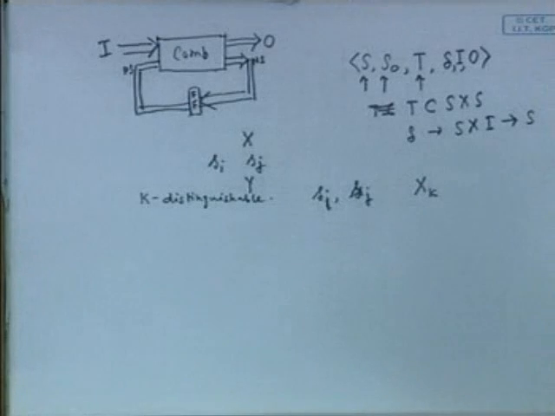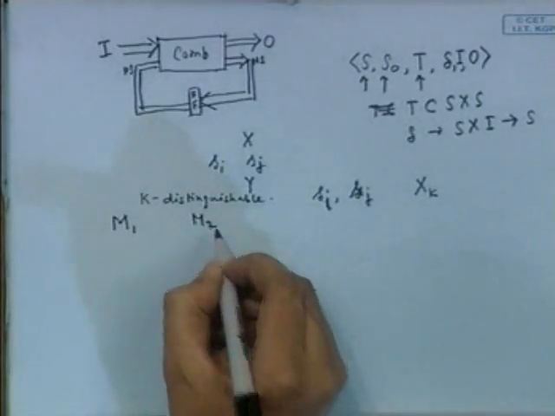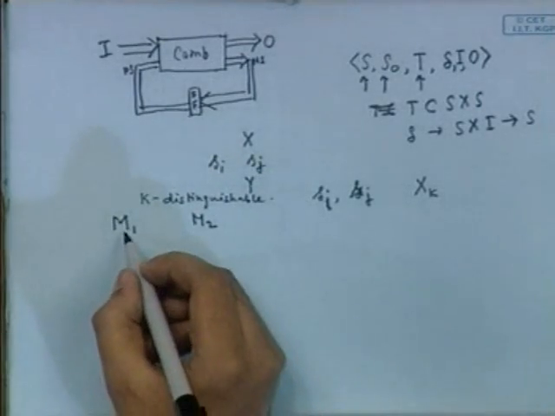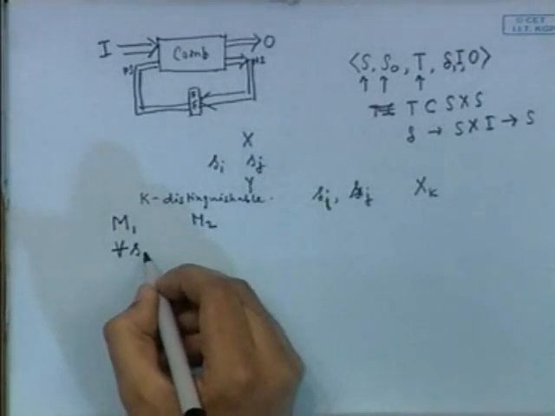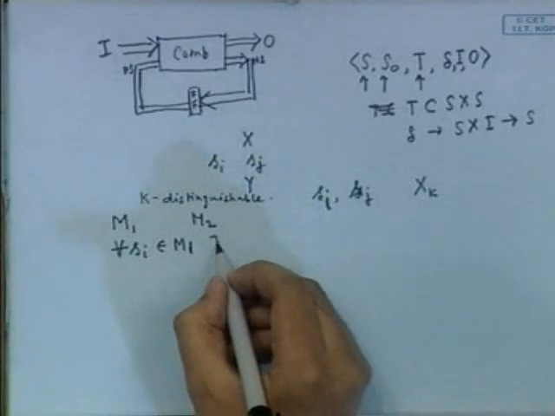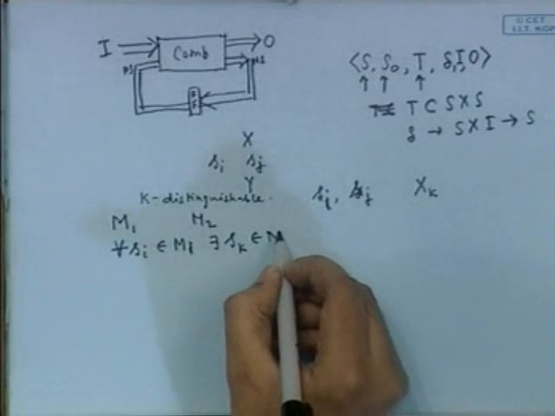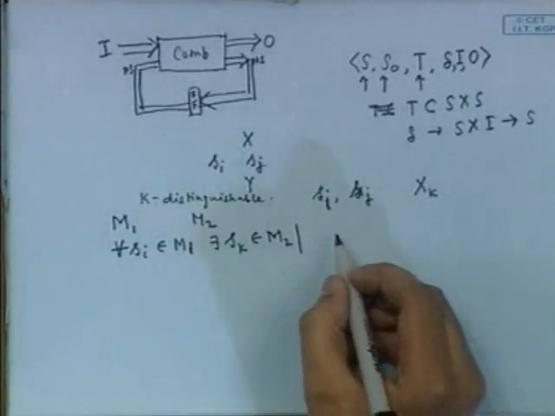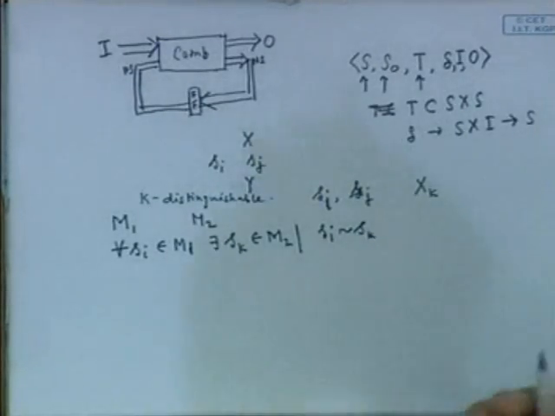We will see the state minimization algorithm. Why is state minimization required? What is state minimization? Suppose you have a machine M1 and a machine M2, state machines, and for every state Si belonging to M1, there exists a state Sk belonging to M2 such that Si and Sk are equivalent.